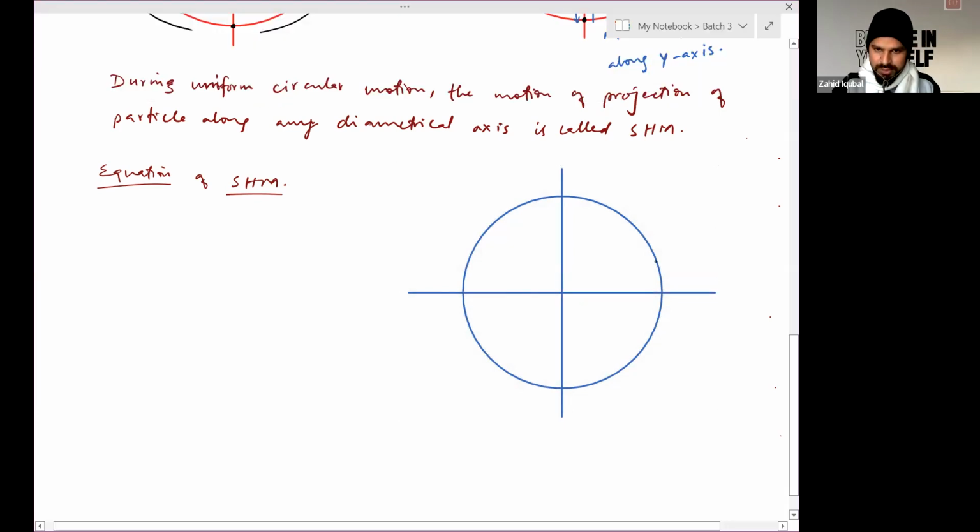Consider particle is initially at this point. So if you join from origin to this point, let's say at t equals to 0, its inclination with horizontal would be phi. At some later time, it may reach to this point. At some time t, during this, it may have traveled or displaced by omega t.